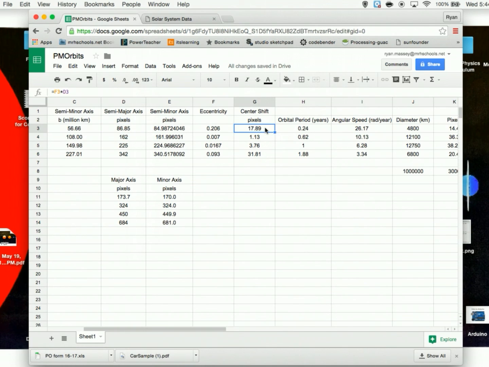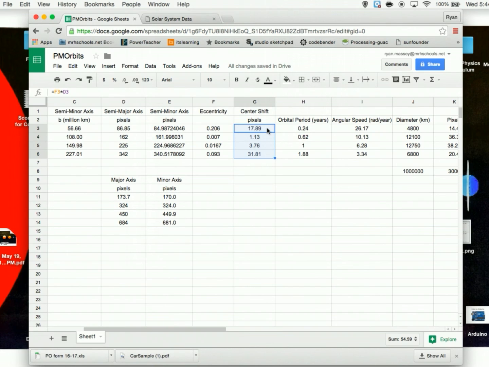So as I mentioned before, the planets aren't centered around the sun. They're going around the center of the ellipse, and the sun is not necessarily at the center of the ellipse. So what this eccentricity value allows us to do is to see how much the sun is going to be shifted over. By multiplying this value by this, we're still in pixels.